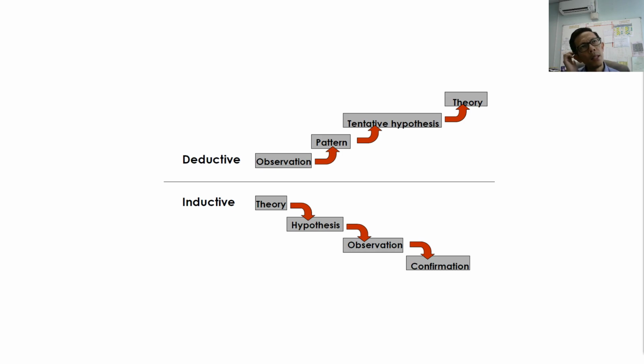I think many of my research use the inductive way of developing the hypothesis. It means that we start off with a theory, and we have our own hypothesis. We do some observations, and we confirm whether the hypothesis is acceptable or not acceptable.